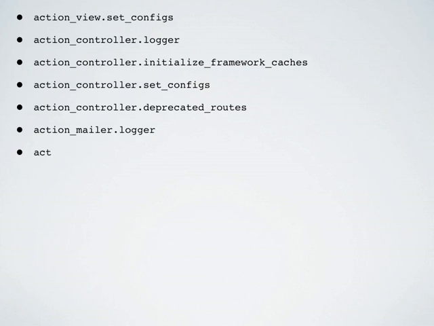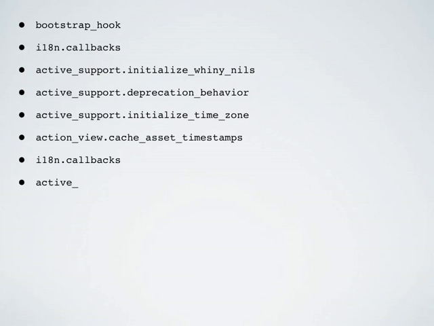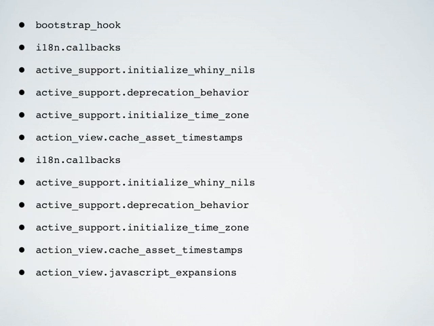Here are some more initializers. Some are from action controller, some are from action mailer. There is add routing path, which suggests that it adds something to the routing, add view paths. And here are some more which are related to I18N, active support, and action view.